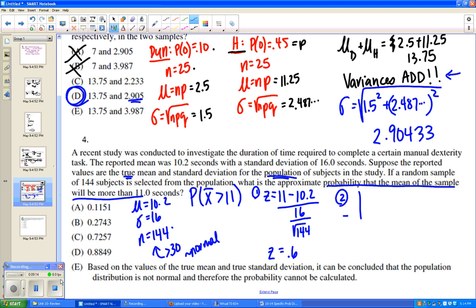Second step, draw the curve. This is multiple choice, so you wouldn't have to, but you should know that you're shading above because it said more than. This is 0.6. And then we would do normalcdf as our third step. CDF, we never use the PDF, and you'd be typing in 0.6 comma 100 because we're shading all the way up here. And if you did do that, you would get choice B.